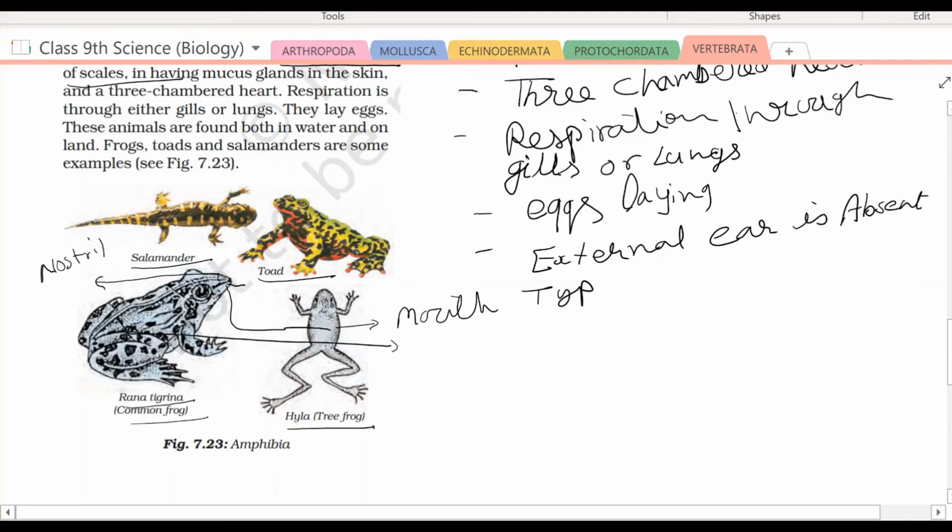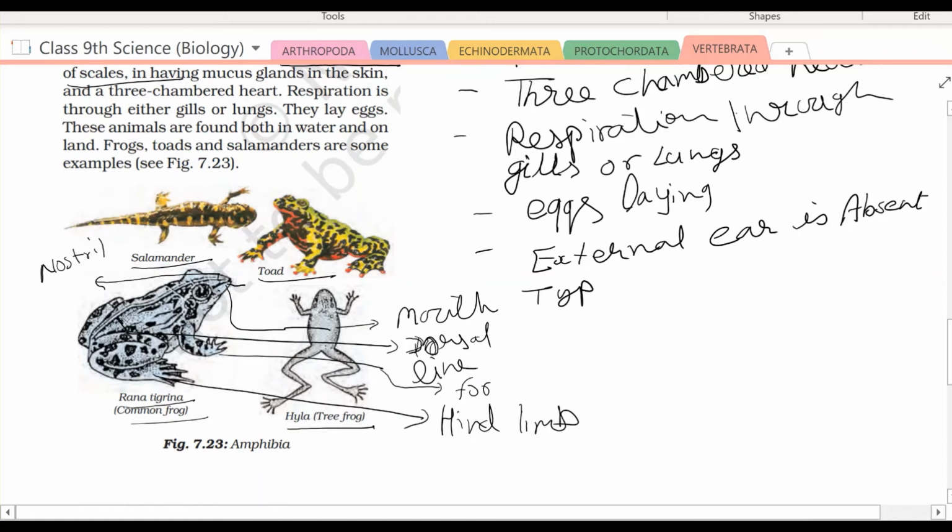This one is hind limb. And this one is forelimb. The front legs are the forelimb, the back ones are the hind limb. This is the labeling which I have already given you.